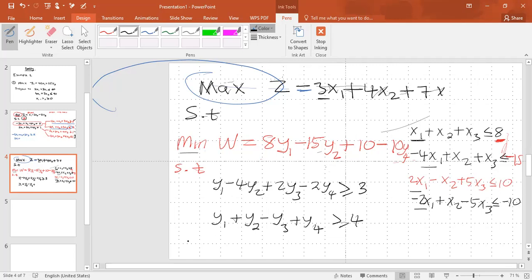Then number 3: y1 plus y2 plus 5y3 minus 5y4, greater than or equal to 7.